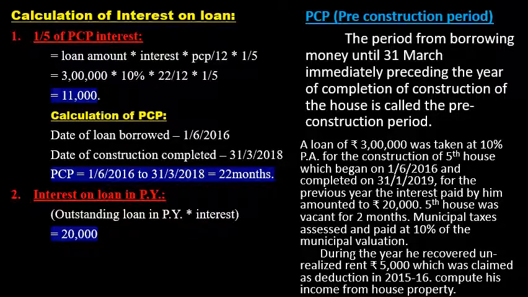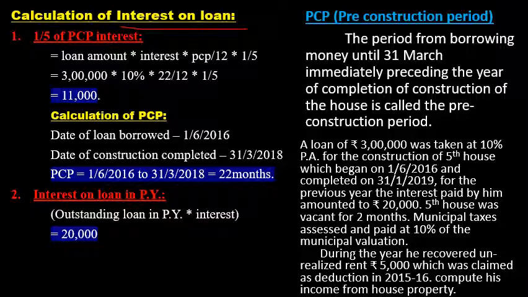Here I am going to explain how the interest on loan is to be calculated for the let out property or for self-occupied property, whenever there is a loan borrowed for the construction of any house.